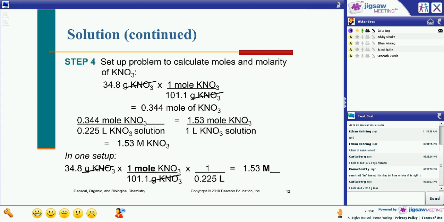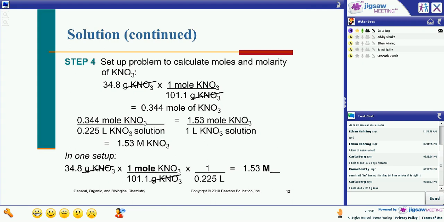Now this is the tricky part. We had 34.8 grams, and we're going to multiply it by 1 mole over 101.1 grams. So our answer is 0.344 moles of KNO3.